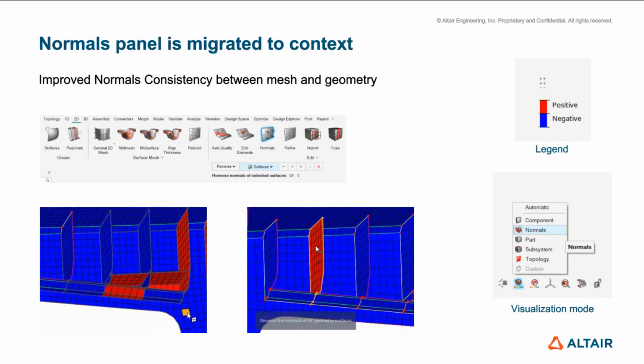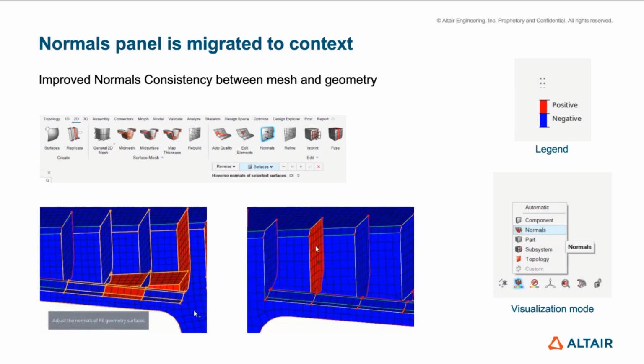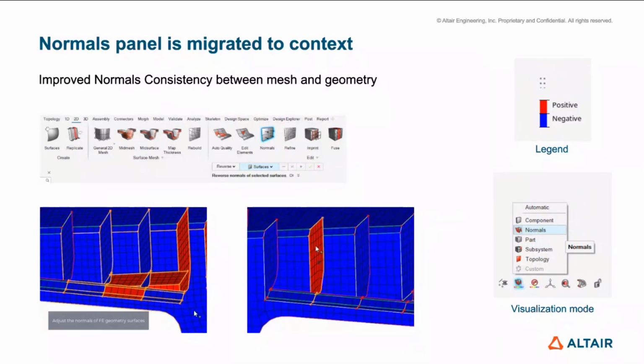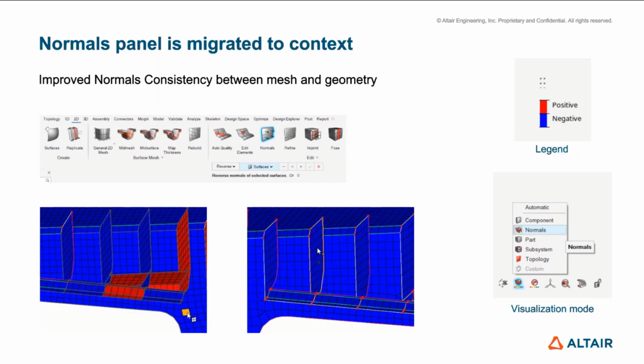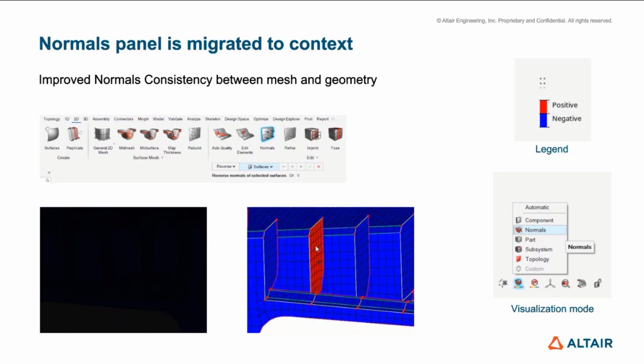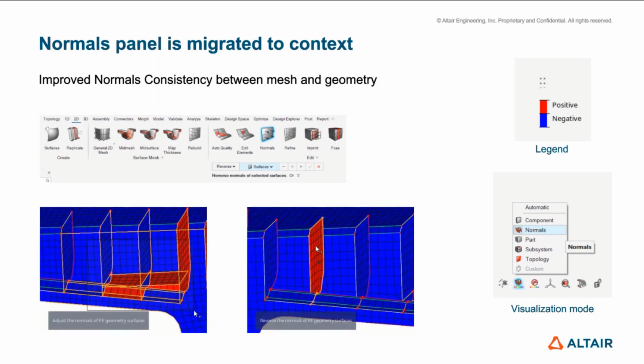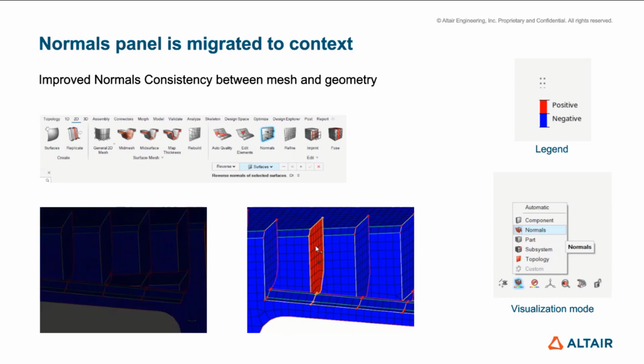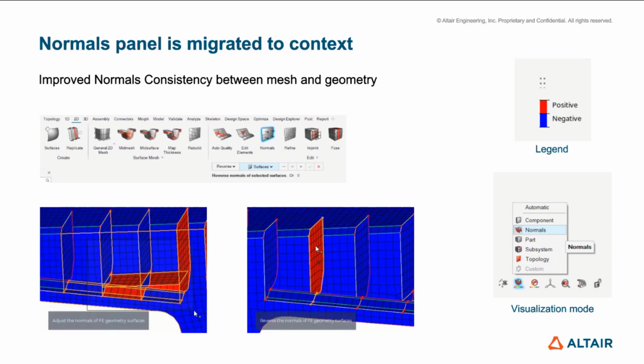So basically, it makes us deal more with surfaces rather than elements, unless it is an unassociated mesh. For example, if I want to adjust FE geometry, I would go to surface selection and then adjust that with respect to an element or orientation direction, or I can also reverse a surface, which will also reverse the normals of the elements. So it will always ensure the surface is aligned with the elements.